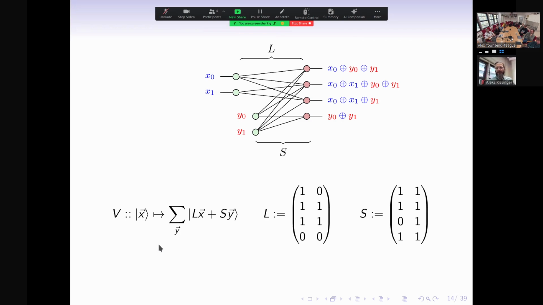If I take any bit string and apply some fixed L to it, and then sum over all the bit strings applied to my stabilizer matrix, then this gives me a code word. Saying that I've chosen a minimal set of stabilizers and a full set of logical operators is saying that all of these 4 columns are linearly independent.